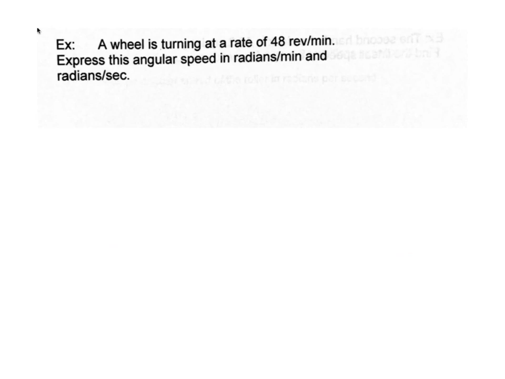Okay, in our next problem, I have a wheel. It's turning at a rate of 48 revolutions per minute, and I want to express this angular speed in radians per minute and also radians per second. And again, I'm dealing with unit conversion. So I have 48 revolutions in 1 minute.